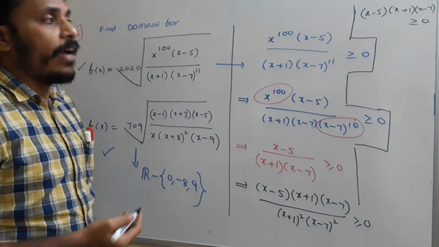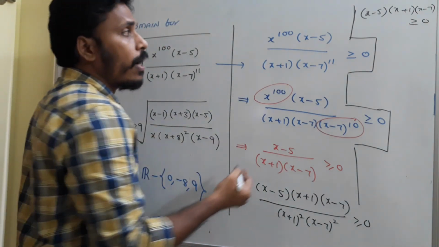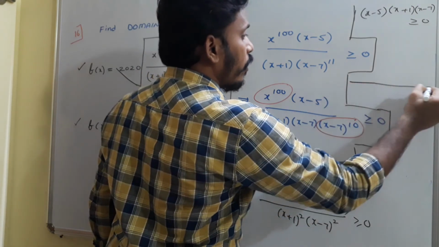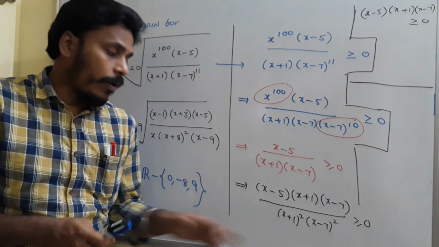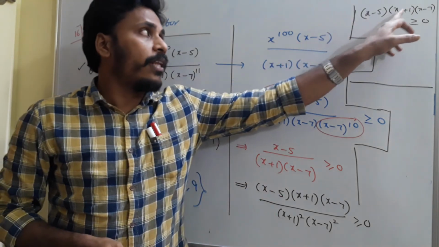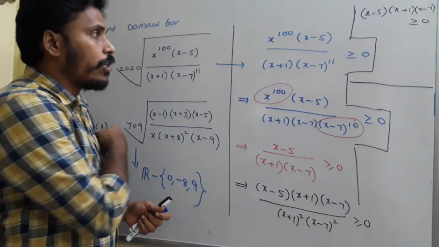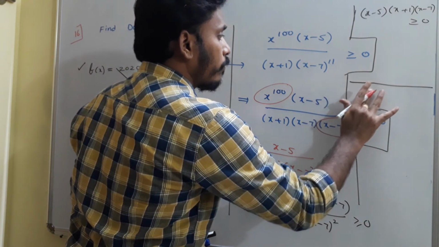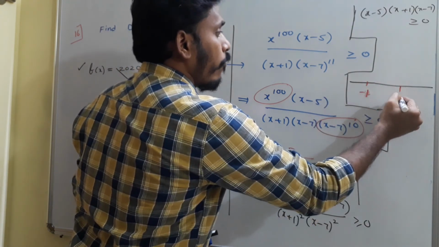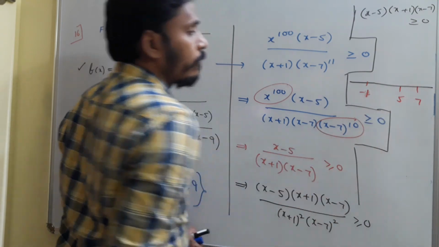Then how to find the values of x? For that, again you need to mark that on the number line. So if you say this as the number line, on that number line what are the roots? From the first one 5, minus 1 and 7. So somewhere you just take minus 1, and then 5 and then 7. Okay.